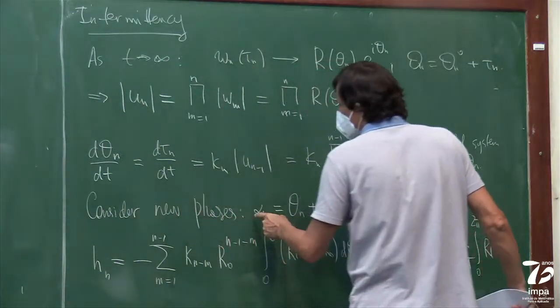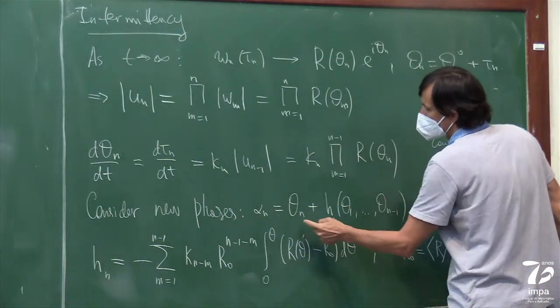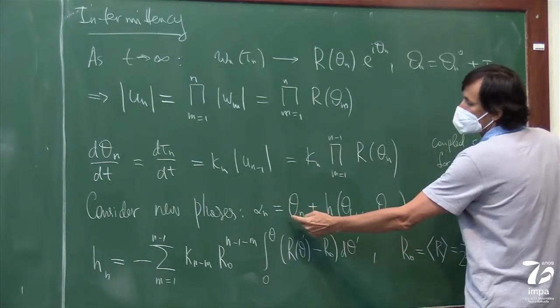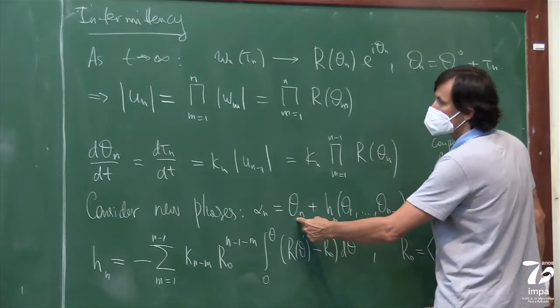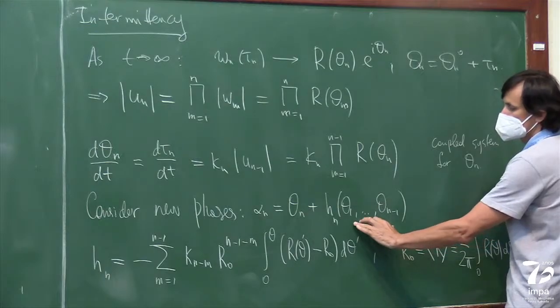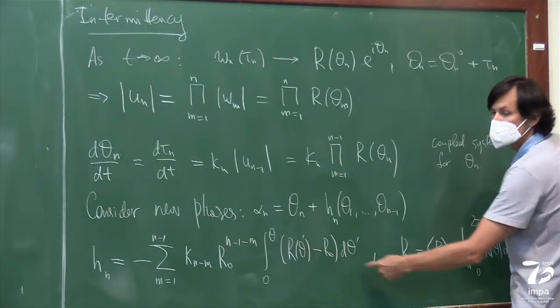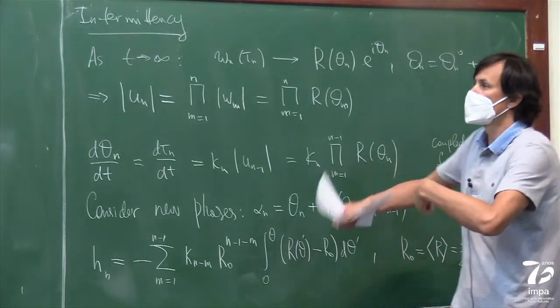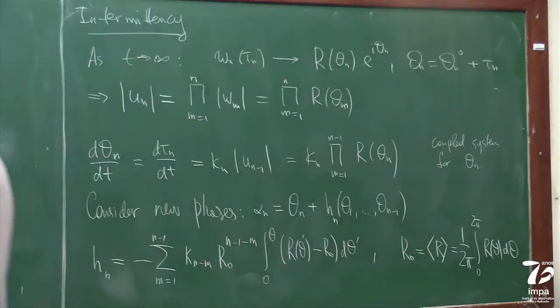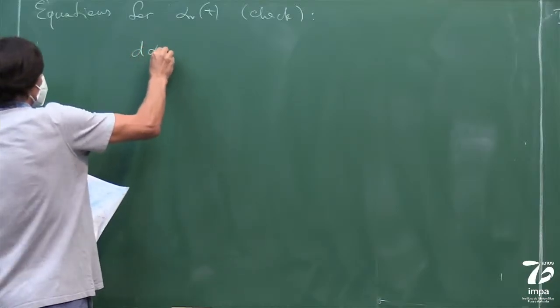You take the derivative of alpha_n with respect to time, and then it's the derivative of theta_n with respect to time, which you know, and then there is the derivative of this expression, which is given explicitly. So you make manipulations which are elementary and find that it becomes tremendously simple.